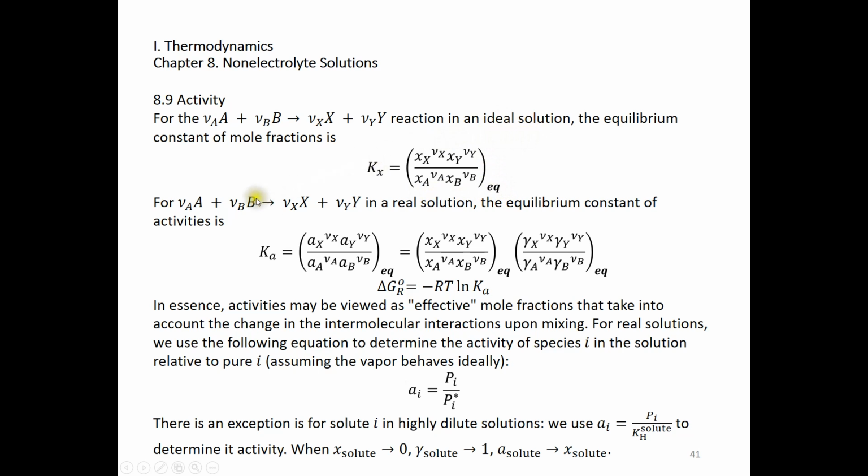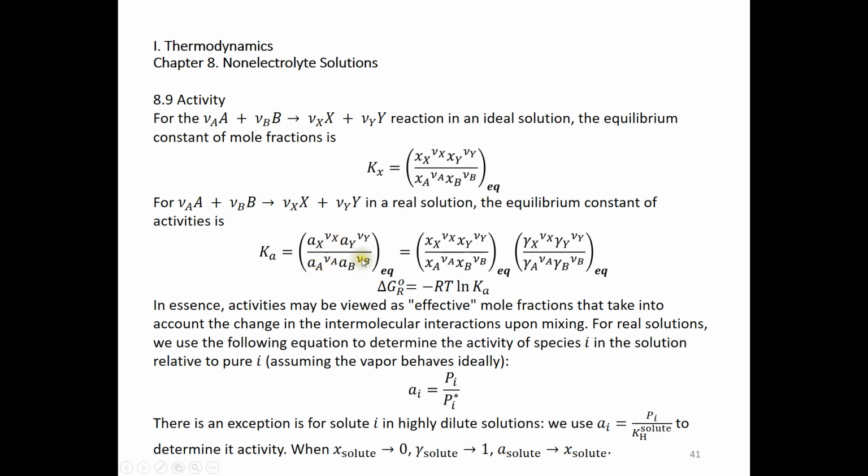However, if we have the same reaction in a real solution, the equilibrium constant of activities is this. K sub A denotes activity. It's the activities of X and Y on top raised to the power of the stoichiometric coefficient.